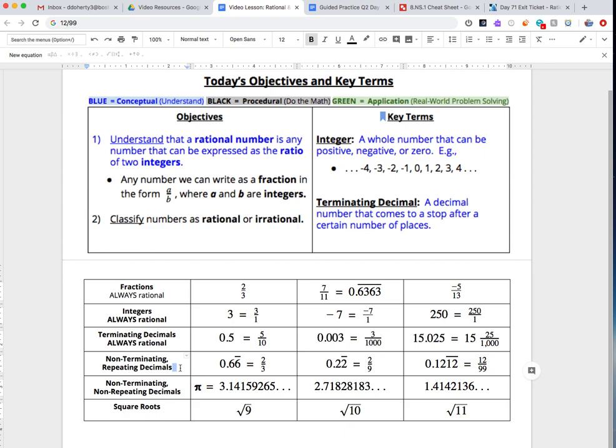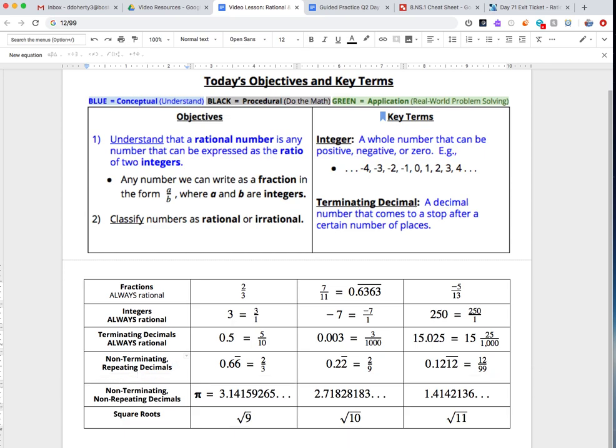So what do we know? Repeating decimals need to be rational. So what numbers might be irrational, or not rational? We see fractions, whole numbers, decimals that stop, decimals that never stop but have a pattern. All of those are going to be rational numbers.